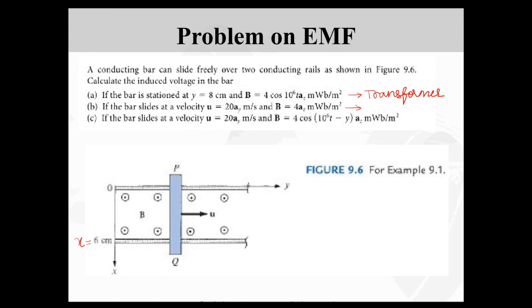So this is a case of motional EMF. The case 3 is the bar slides at a velocity u and is also placed in a time varying magnetic flux. So it is a combinational EMF. By knowing all this information, let us take up the cases one by one to find the induced voltage in the bar.